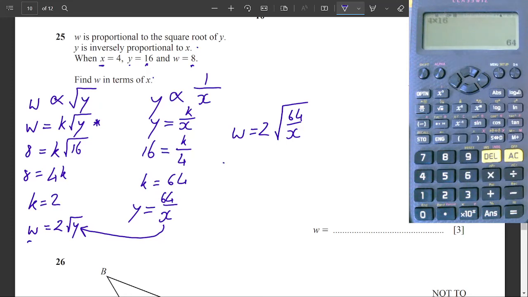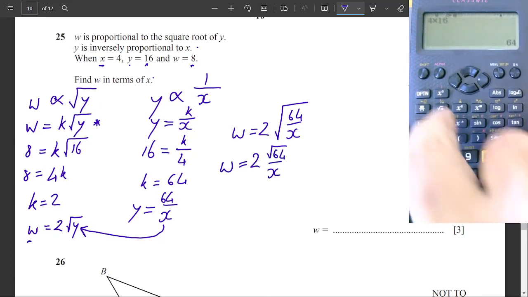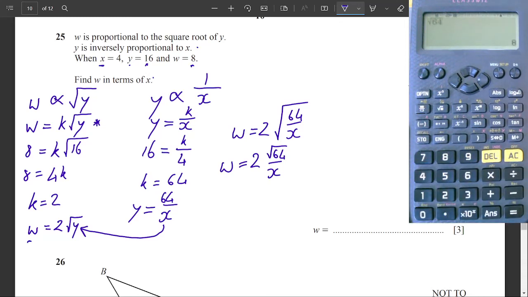We can rewrite that as 2 square root 64 over square root x. Square root 64, of course, is 8. So w equals 2 times 8 over square root x. We can multiply the 2 and the 8 together. Final answer, 16 over square root x.